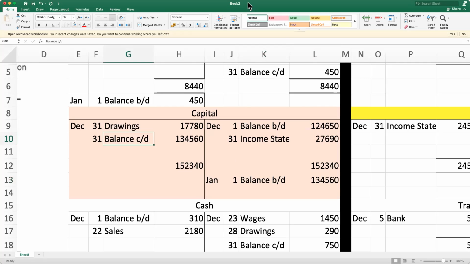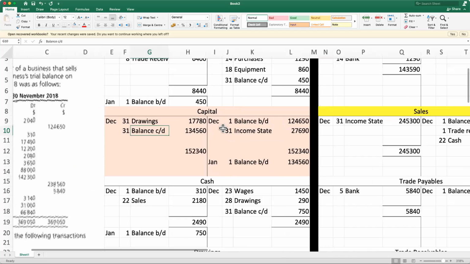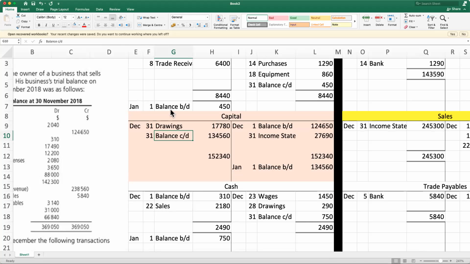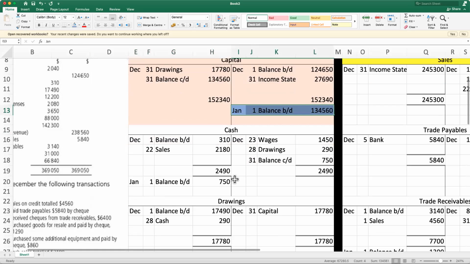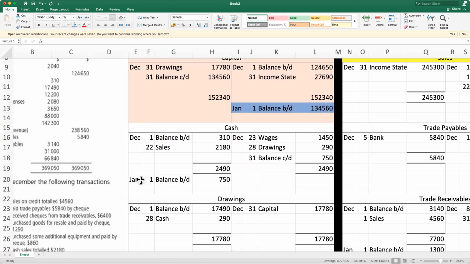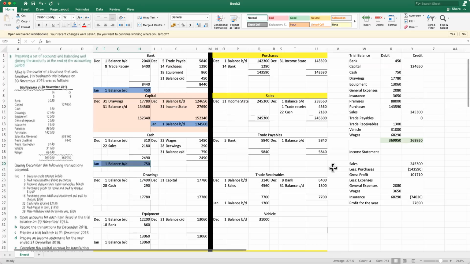Now, done. I need to include this inside my statement of financial position. So whichever account has a balance brought down gets a seat in the statement of financial position. I'm just going to highlight all of these in blue. Let me zoom out for you to see.